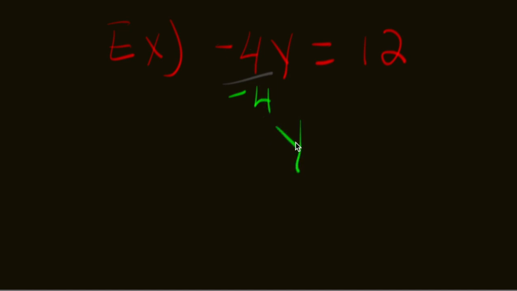So now you only have the y by itself. Whatever you do on one side, you got to do it on the other side. So 12 divided by negative 4, because one number is negative, your answer is negative 3. And if you want to check to see if your answer is right, take the negative 3 and replace it by y.